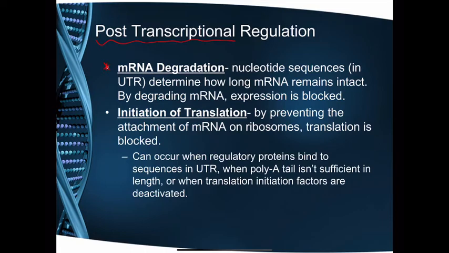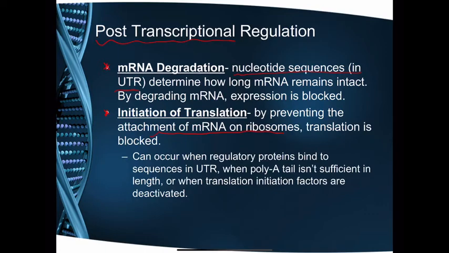Ultimately, it's determined by a nucleotide sequence in the UTR, the untranslated region at the 3' end. Remember, we talked about the 5' cap and poly A tail being really important for them being able to bind, and that's what we're getting into here, by them being able to attach to the ribosome and bind.